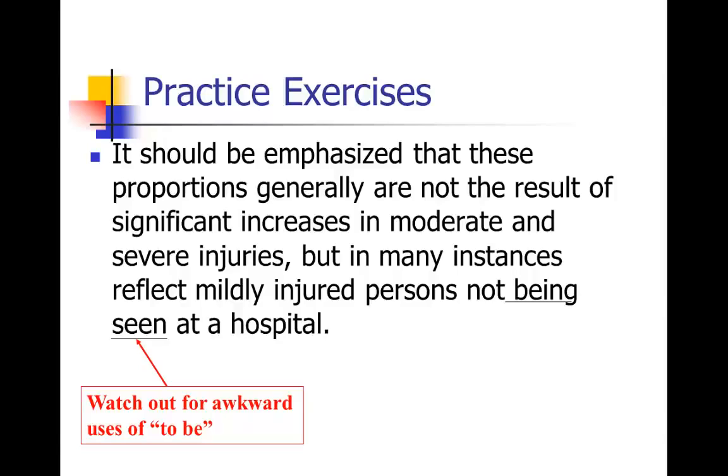They're saying there's been a shift in proportions of injuries, that is, there seem to be more moderate and severe injuries, at least the data seem to show that, compared with mild injuries. But what they're telling you is that that shift in proportions doesn't reflect a real increase in moderate and severe injuries; it has to do with how many people actually show up at the hospital. The mildly injured persons maybe aren't insured, and so they're not coming to the hospital anymore. So that's the gist of that sentence.